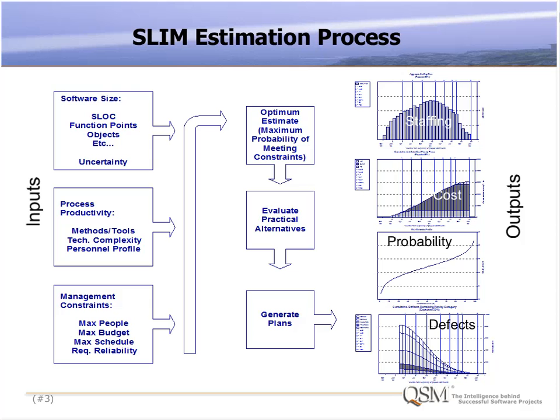We'll look at the cost, the duration and the reliability estimates, and then present that to management or the customer so that we can get agreement on it. So pulling together a little bit of information up front, generating the estimates, looking at the plans, and then communicating that to management or to the customer. That's at a high level how the estimation process should work.